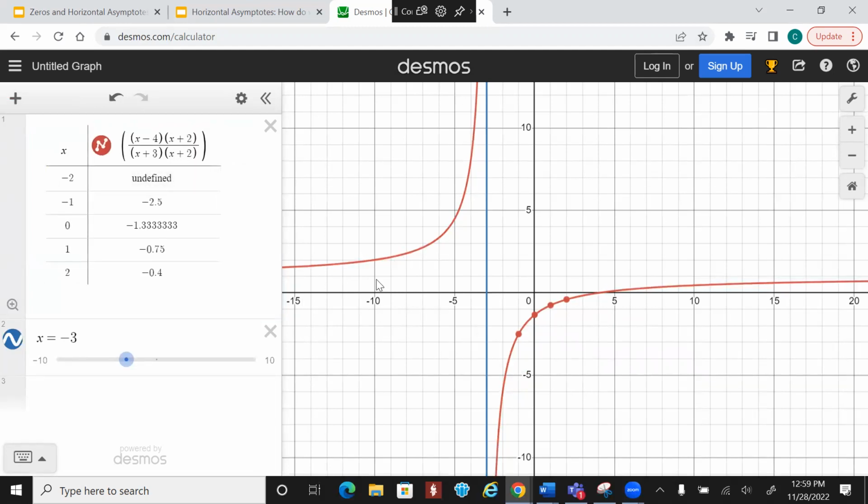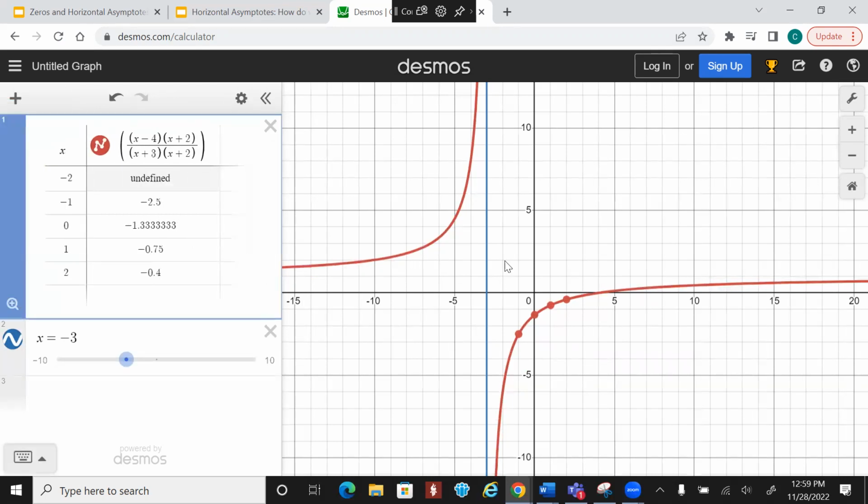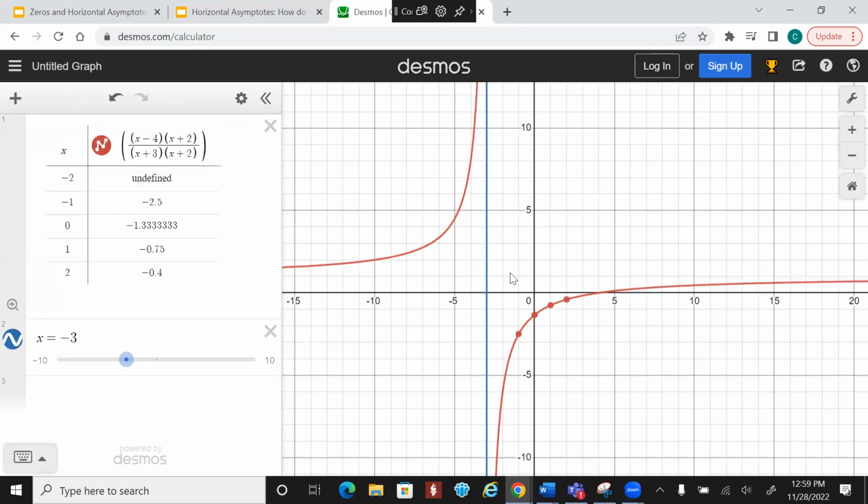Okay, now horizontal asymptote, that's going sideways. Remember, horizon is horizontal. Vertical is going straight up and down. If you forget that, just think of vertical as in jumping. So horizontal is going to be this way.